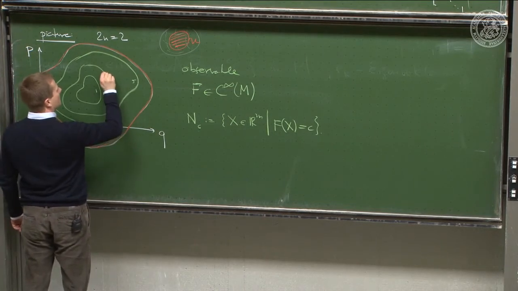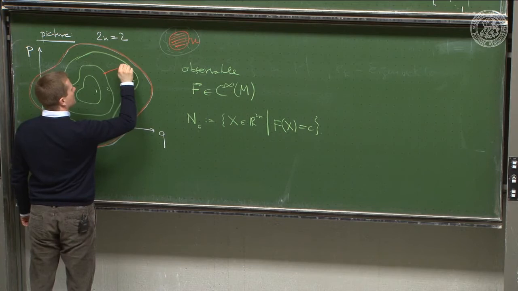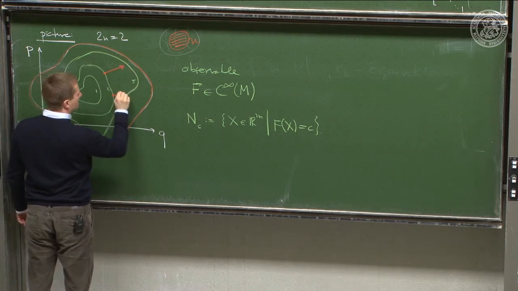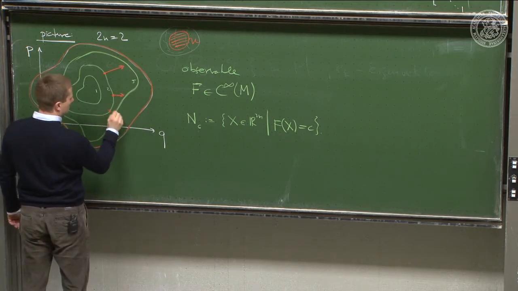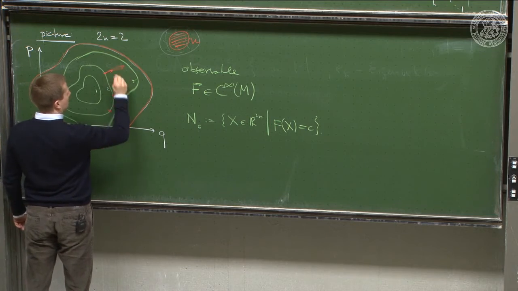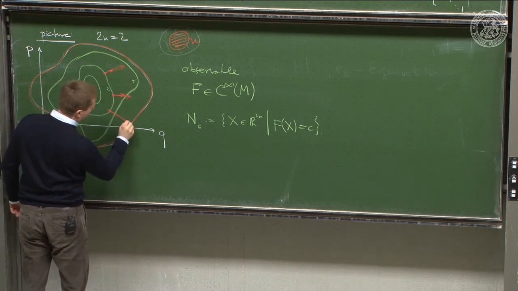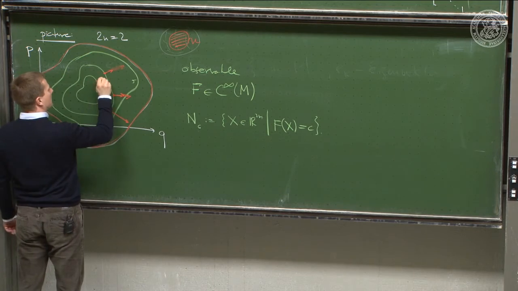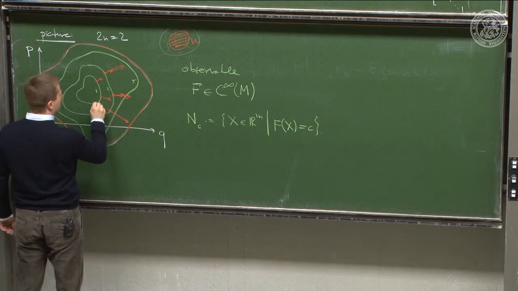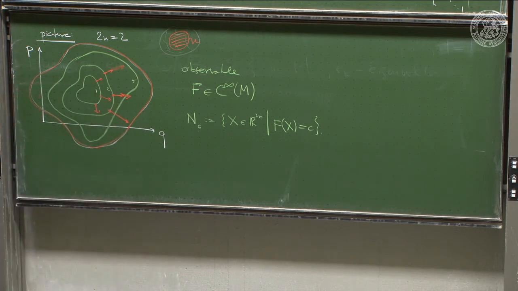And we know that there will be a gradient at every point being orthogonal. Well, actually, this is smaller, and this is longer, and this is much longer. So there is a gradient at every point, right? So this gives rise to an immediate vector field, dF. Well, it's a covector field. I'm sorry. It's a covector field, and I nevertheless indicate it by arrows.